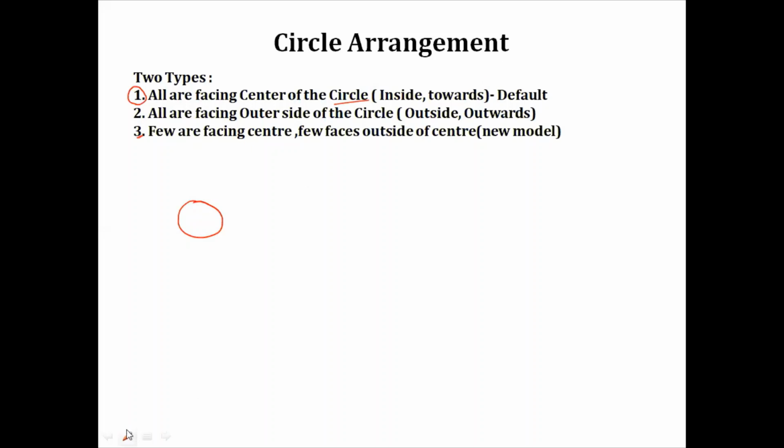Okay, now I'll give you a clear idea about this. This is the first pattern I am telling you now. All are facing the center of the circle. If he is facing the center of the circle, for example, let's take this is person 1 and this is person 2.